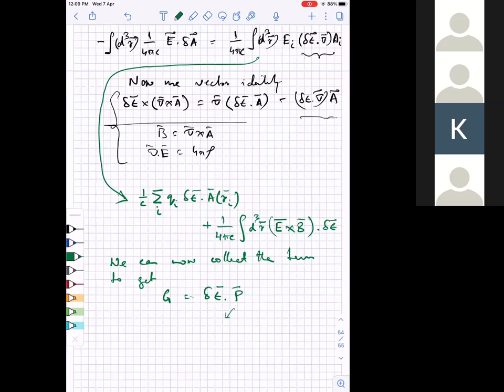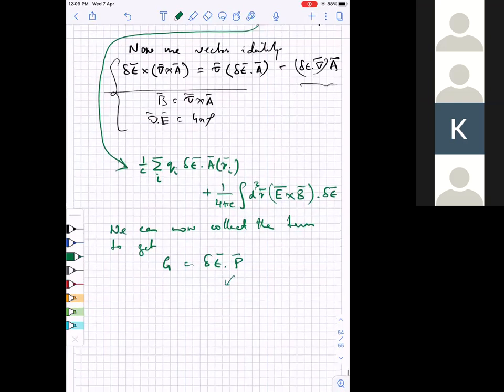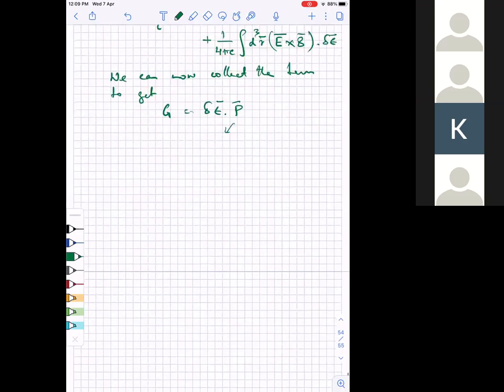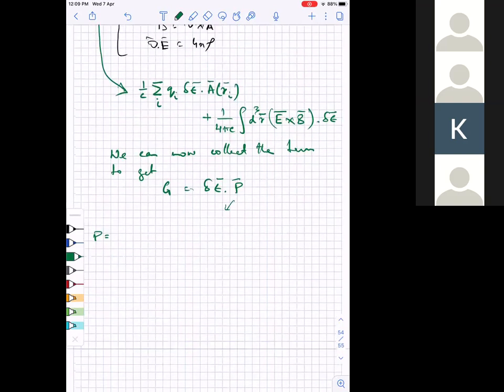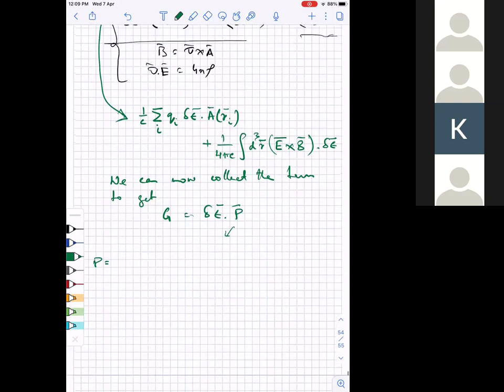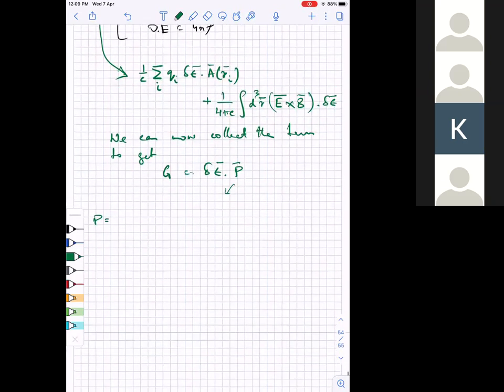Where this P, if you collect the terms, there is a term coming from the first part, and there's a term coming from the second part. The first part, there was a Pi from the particle side, so Pi and this will come together. So your P turns out to be summation over i of Pi times Qi by c Ai.